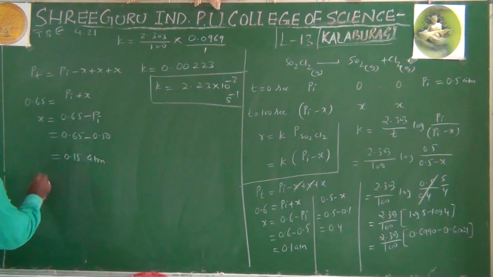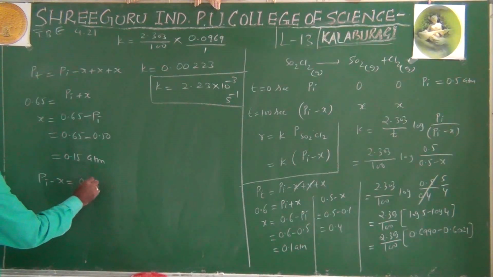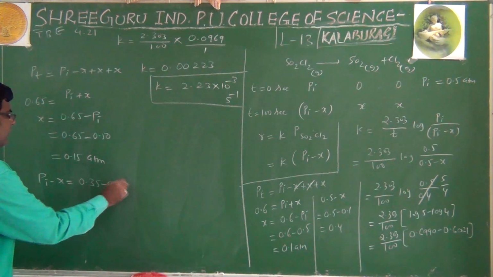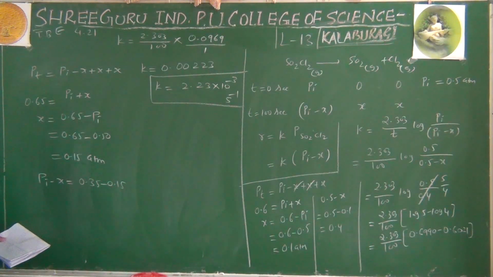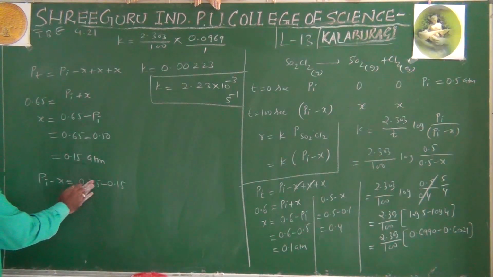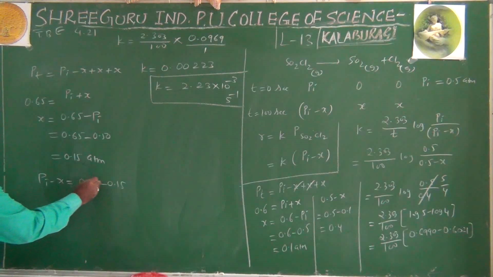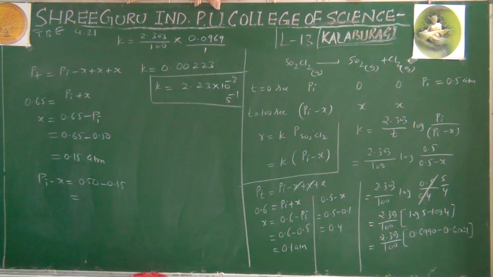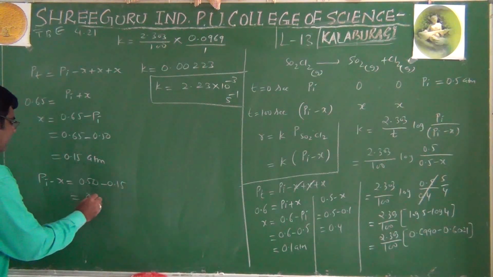So what is the Pi minus x now? Pi is 0.50 minus 0.15, and that equals, yes, 0.35.